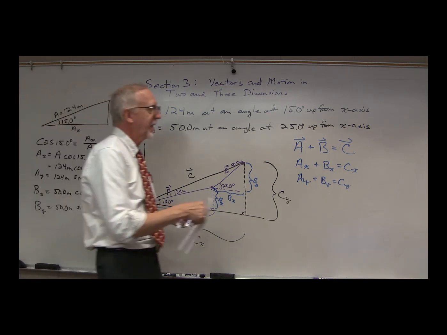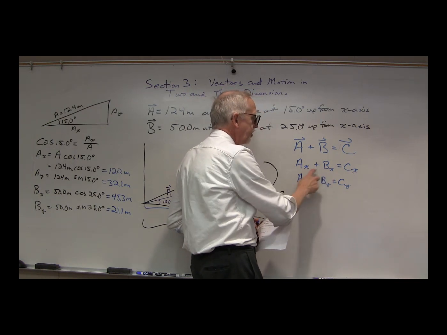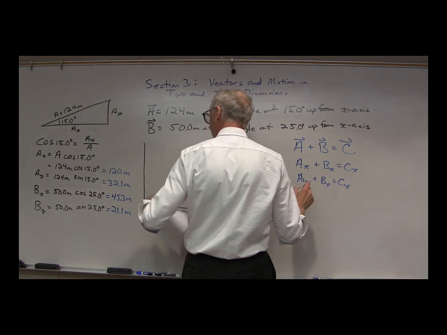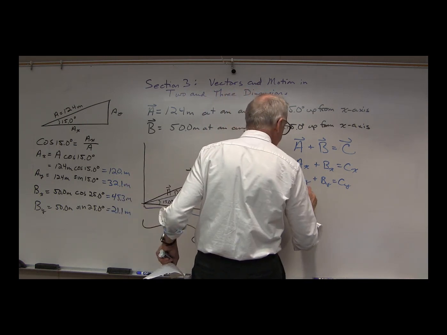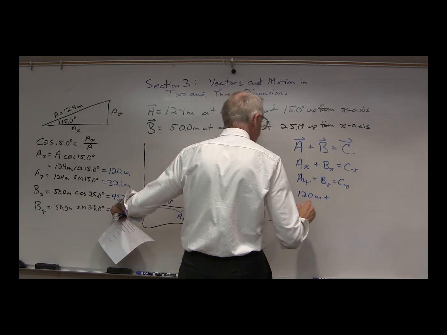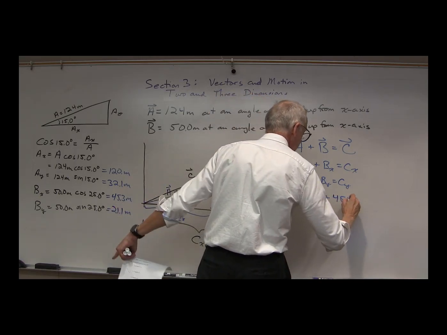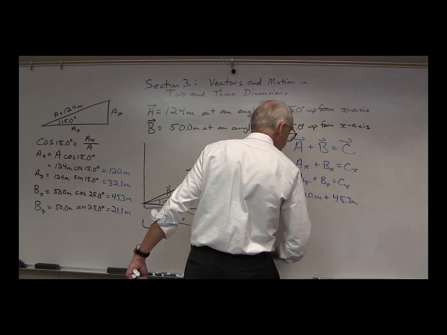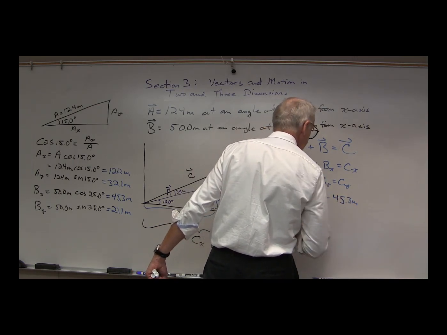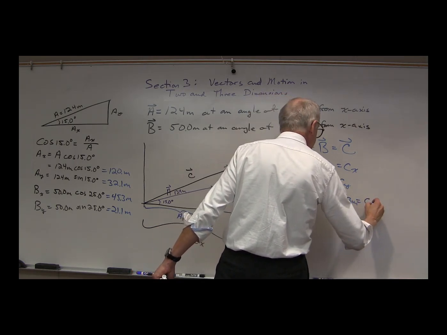So we can now come back over here and put these in. So AX is 120. BX is 45.3. That's 45, and that'll be CX.